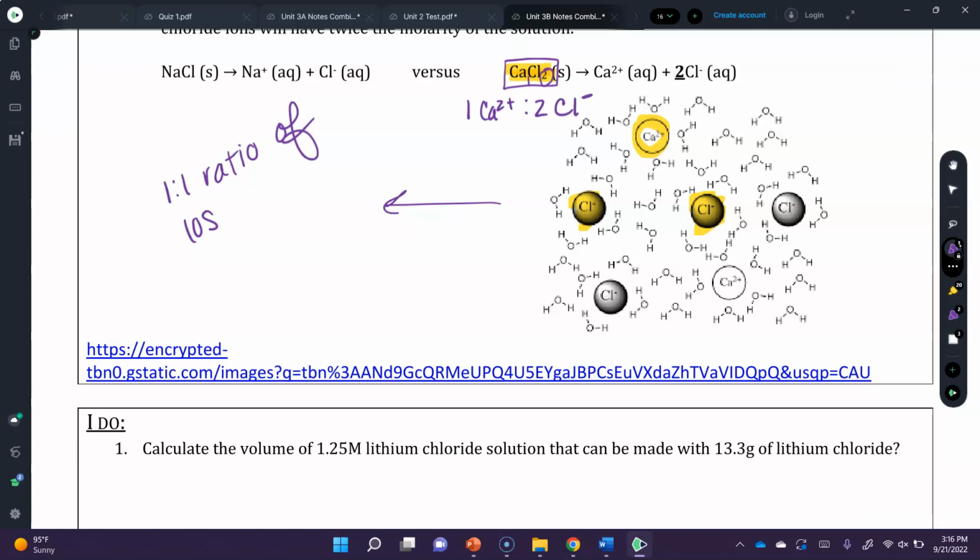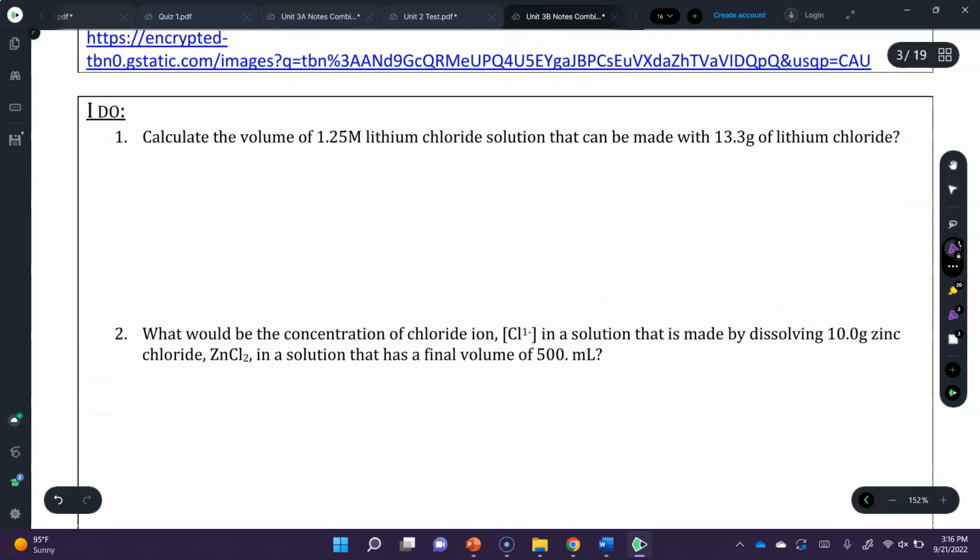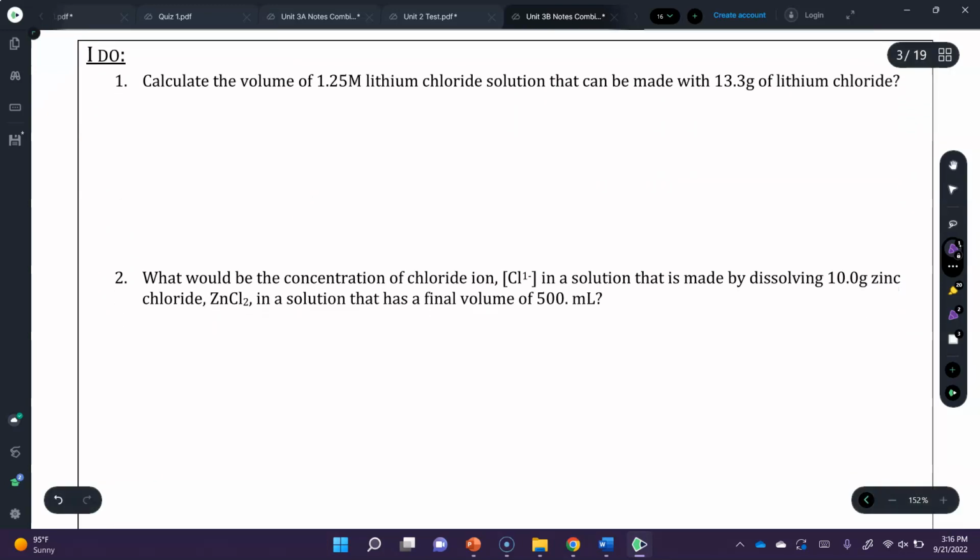Okay, so let's look at how we can apply that. We're going to calculate the volume of a 1.25 molar lithium chloride solution that can be made with 13.3 grams of lithium chloride. So we have the 1.25 molar solution, but we are given 13.3 grams, and it wants us to know what volume.